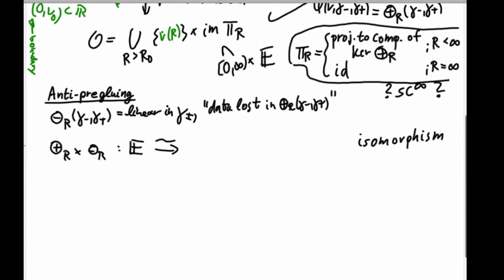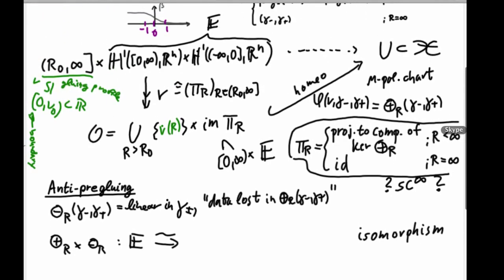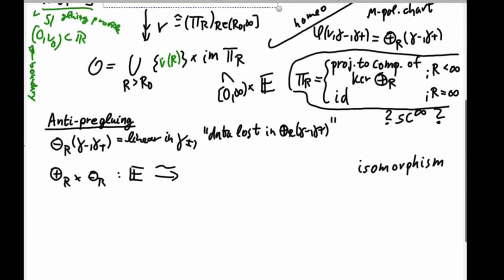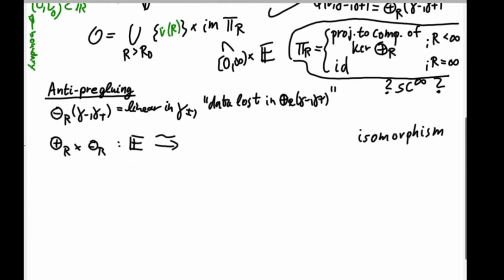So the wonky thing is that, with R, the target here changes, right? So E is functions on two half-infinite intervals, and I'm mapping to functions on the finite interval.